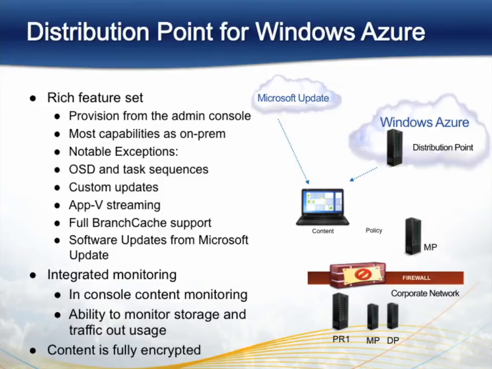There are users who are mobile and don't come into the office. They VPN in to grab some files, or maybe they use DirectAccess to reach corporate resources. But pulling Office, which is 1.5 gigs, over a VPN connection probably isn't going to work out too well.